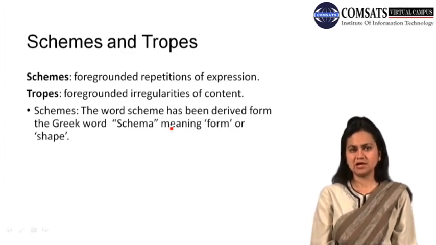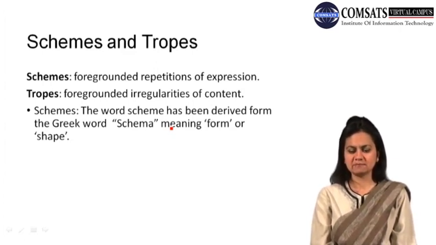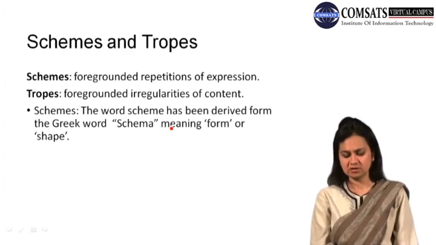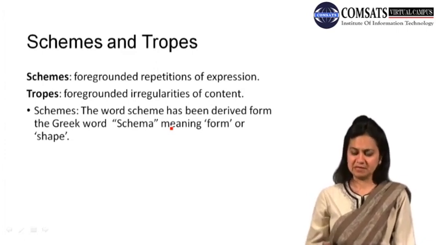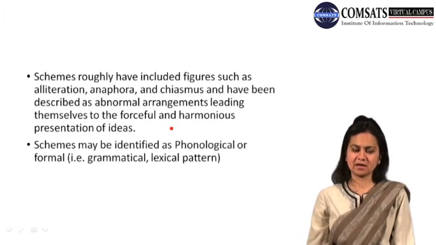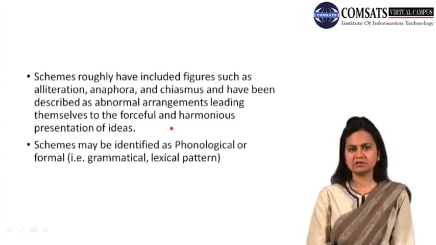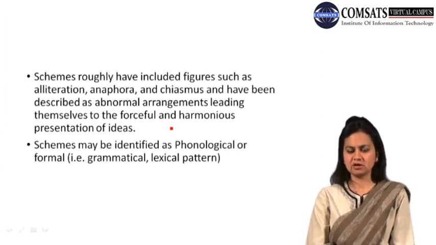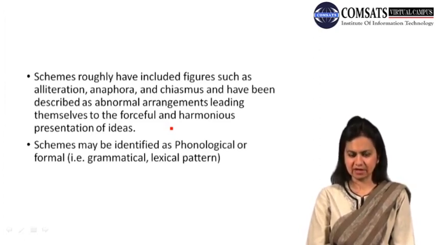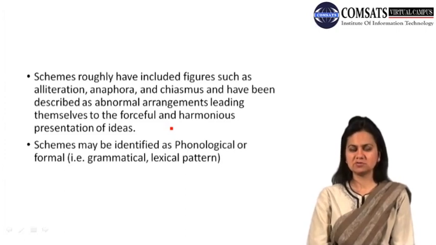Scheme, the word has been derived from the Greek word schema, which means form or shape, and here the word scheme is applied to the form and shape of the text, the literary piece or the writing. Schemes roughly have included such figures like alliteration, anaphora, chiasmus, and they have been described as abnormal or unusual arrangements of words and sounds leading to the forceful and harmonious presentation of ideas.